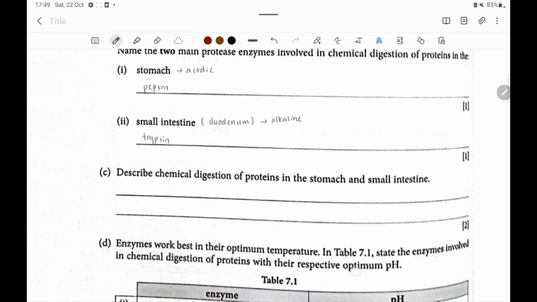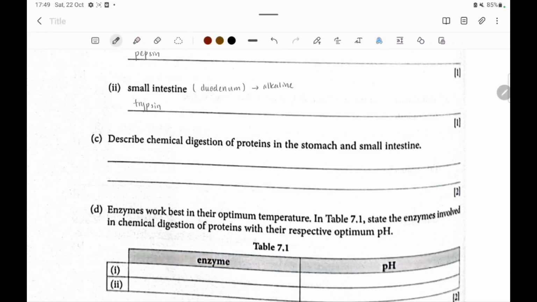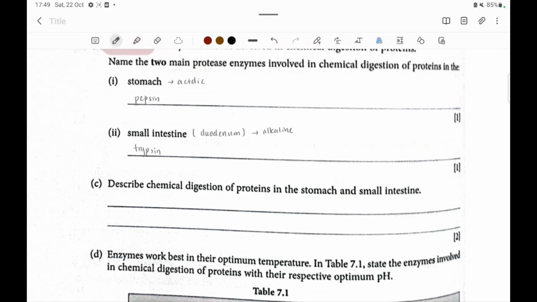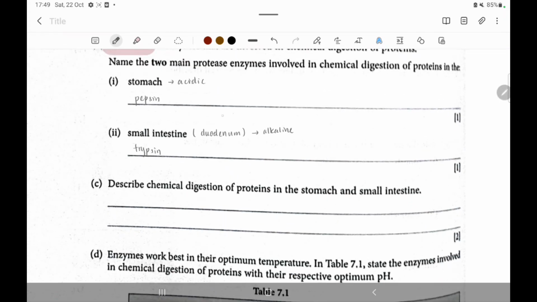So, describe the chemical digestions of proteins in the stomach and small intestine. Okay, how to describe. We say that one is for stomach and one is for small intestine. Actually, we already have the points over here, just that we have to write it in a sentence.